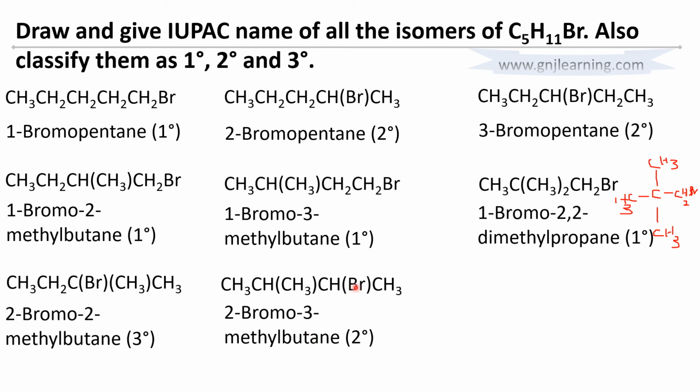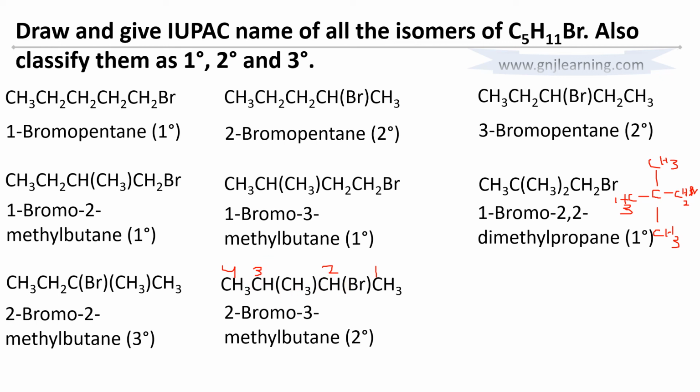If I count from this direction, bromine will be the lowest. If I count from this direction, methyl will be the lowest. If I take the sum of both counting, it will be the same. So which one will I choose? If I count from this side, 1, 2, 3, 4, the carbons having branches are 2 and 3, so the sum is 5.